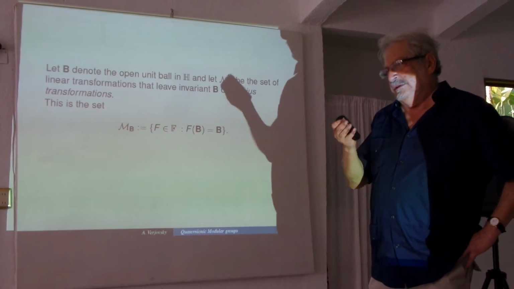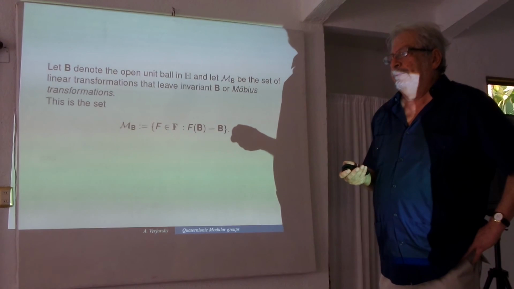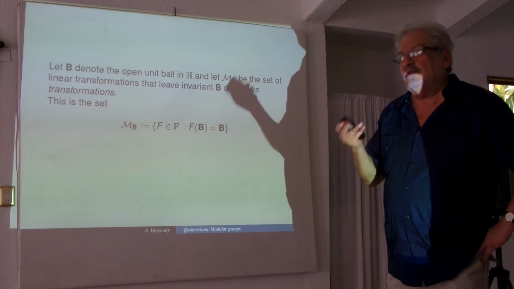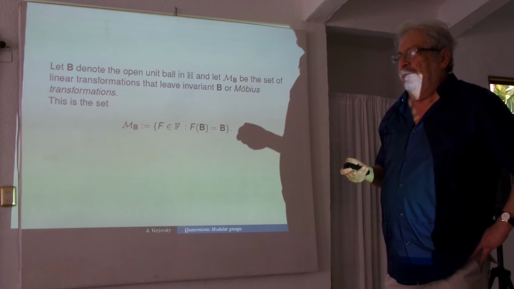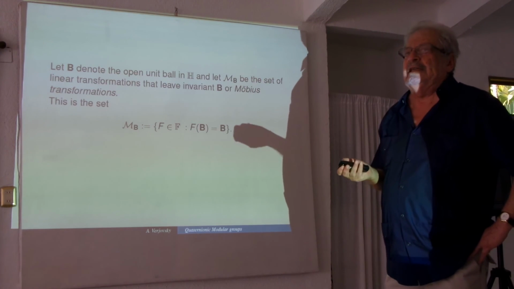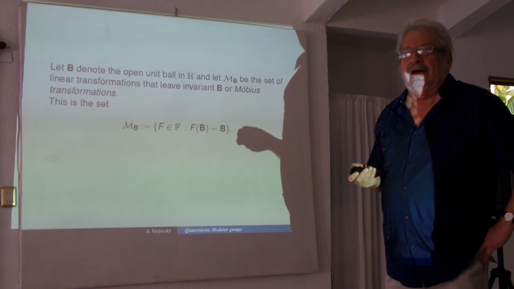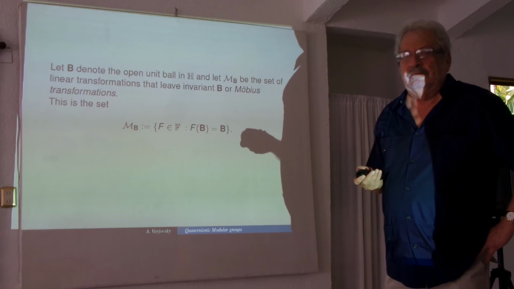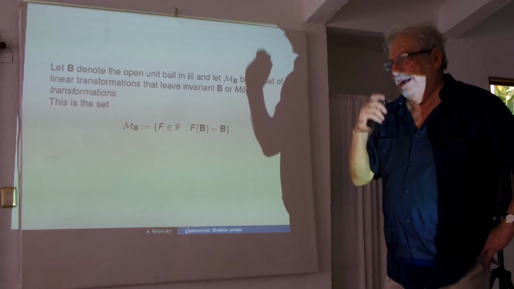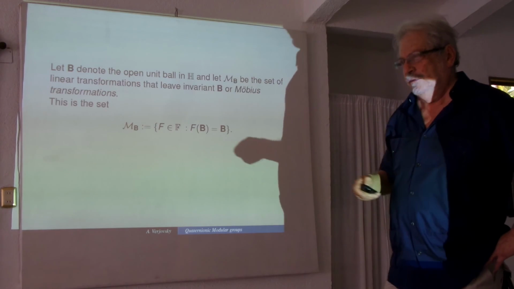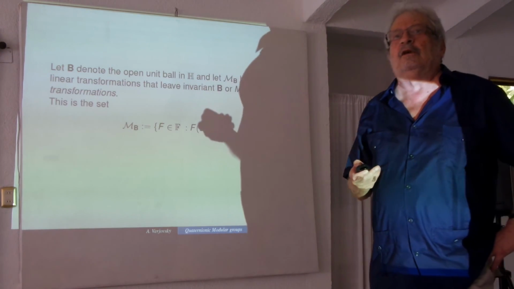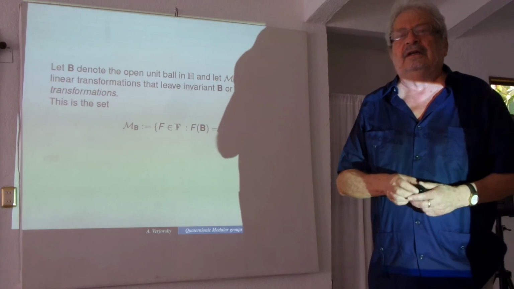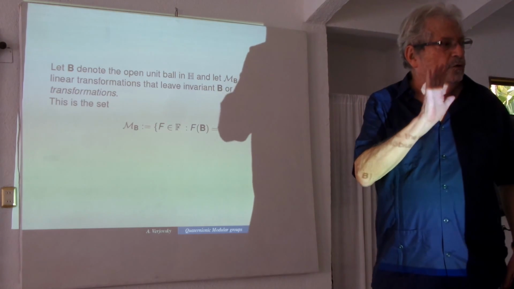Well, 16 parameters, A, B, C, D. But there's one condition, and then you can see immediately that it has dimension 15. You have to take out one parameter T, T times the identity, remember? 16 minus 1. And 15 is exactly the dimension of the group of isometries of hyperbolic space of dimension 5.